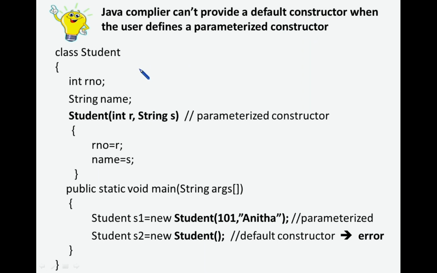In that case Java compiler definitely provides a default constructor. But whenever we are defining constructors like parameterized constructor, copy constructor and dynamic constructor, this default constructor cannot be provided by the compiler. Now in this code, this line student S2 equal to new student shows a compilation error like this.